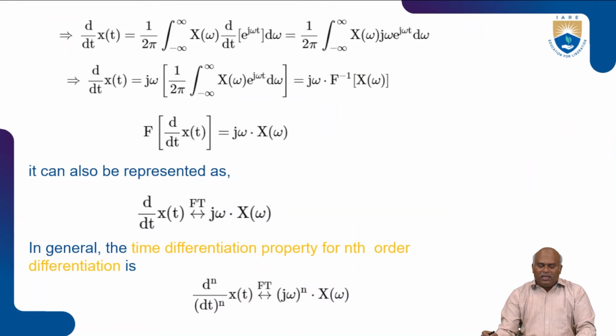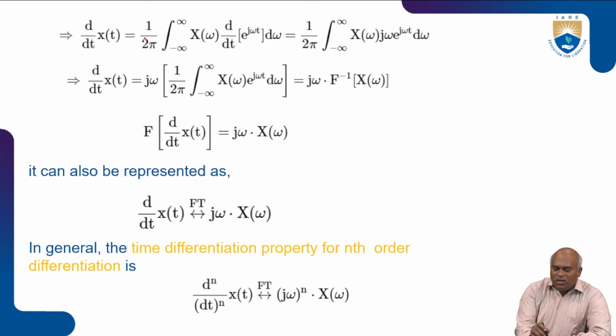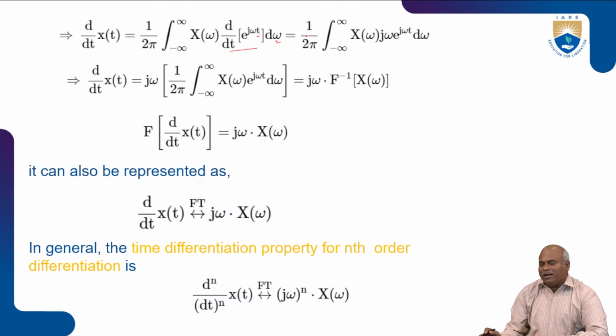Now this differentiation should go inside, where the t is present. On the right side, in X(ω) there is no t, so I take it out. Then d/dt acts on e^(jωt), because that side has the t.